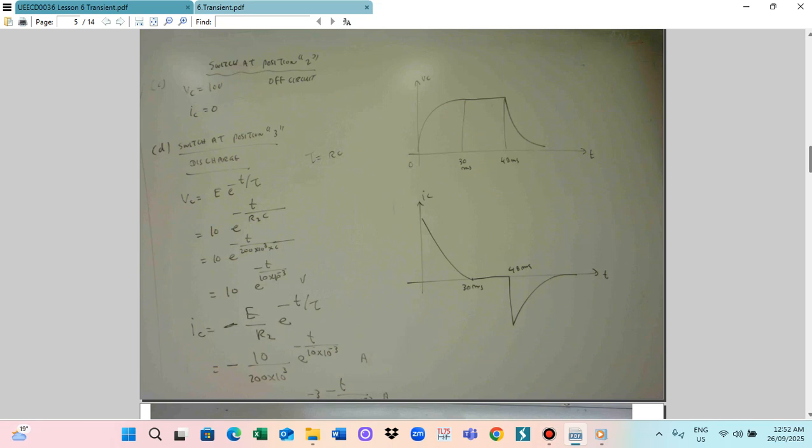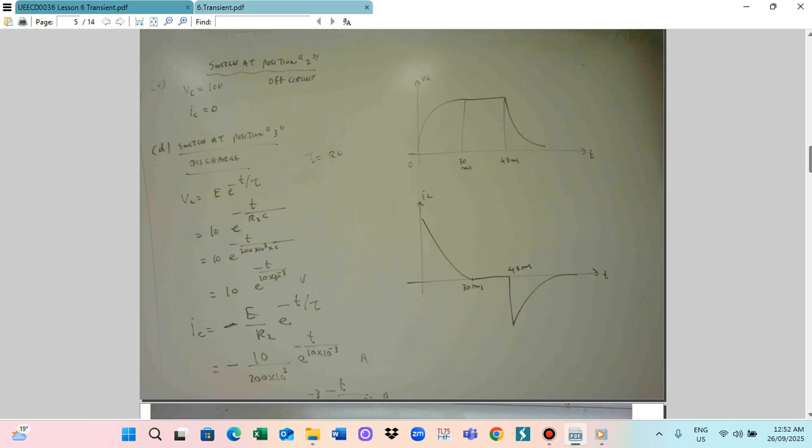And also the charging current. Charging current you can calculate as E by R, e power minus t by RC. For the discharge, the equation is also E by R, e power minus t by RC. So this is for the discharging current. You can calculate it for the loaded capacitor.